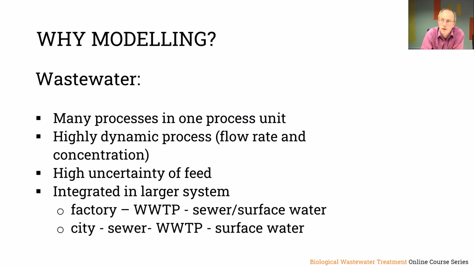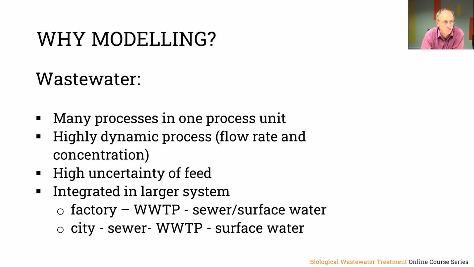The last point, why modeling is very important in environmental engineering or wastewater treatment especially, is that if you look at many industrial processes, you will see that in an industry, every process unit has one task. Every reactor has one conversion. If you look at a wastewater treatment plant, in one reactor, you have many processes occurring at the same time.